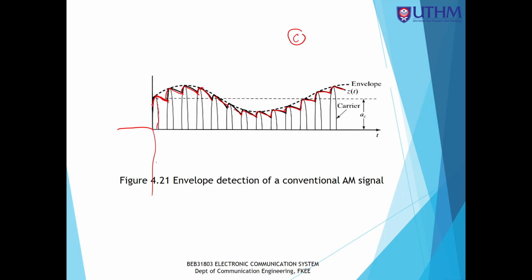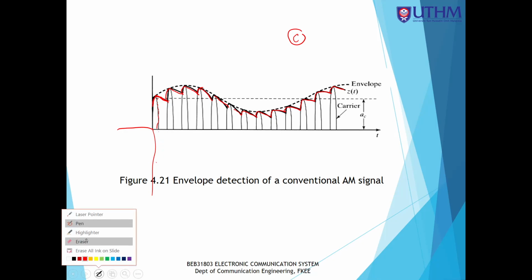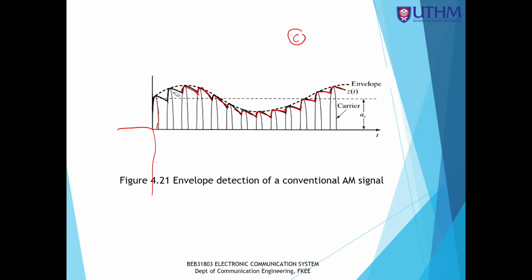So you see that again, I repeat, this is during the charging process. Okay, so I erase a little bit. So I repeat again, this is during the charging process, and then the RC tank circuit will discharge, charging forward bias, RC tank circuit will discharge, forward bias, RC tank circuit will discharge, and so on, sehinggalah until the end.